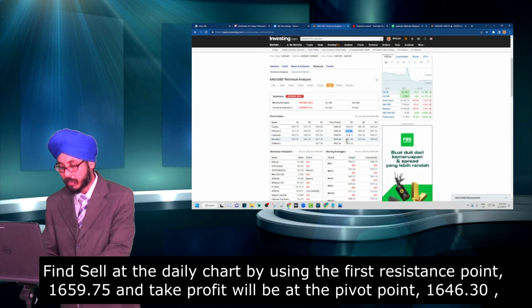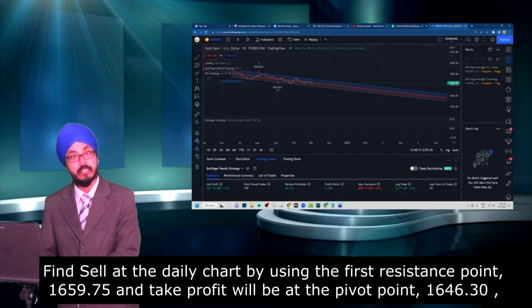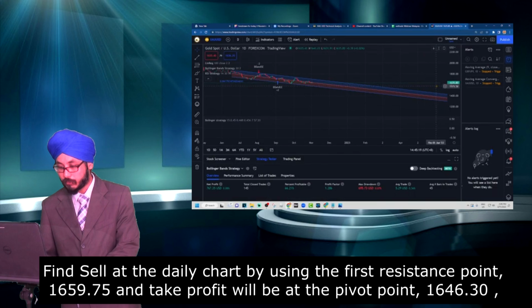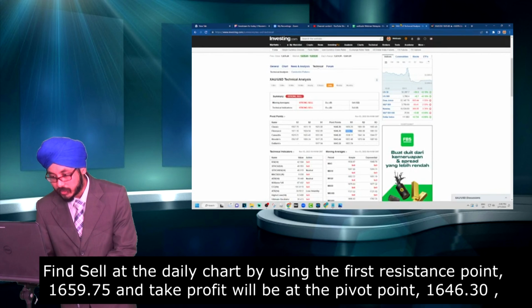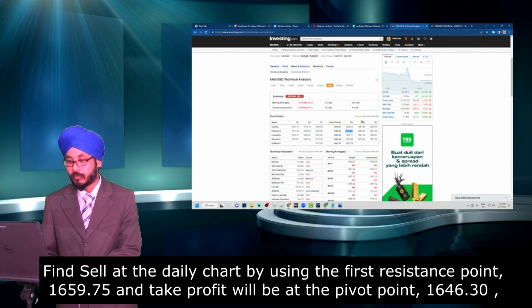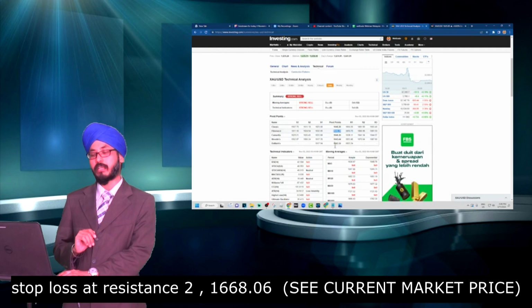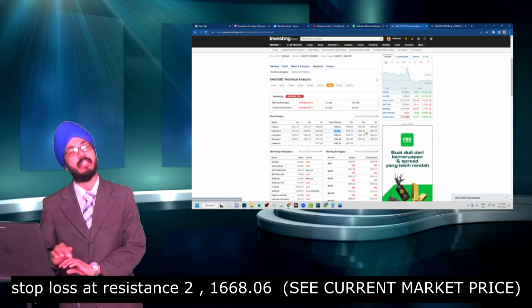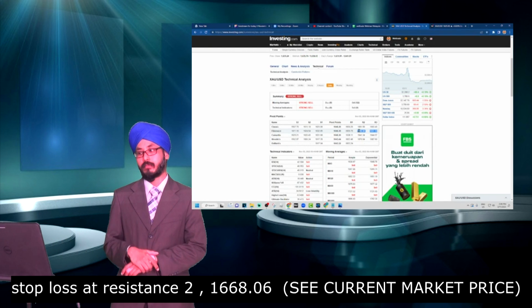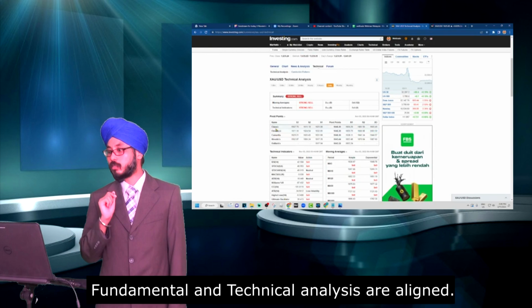Looking at our current market, it is currently at 1637.52, which means that you can place a pending order at 1659.75, and then take profit at 1646.30 at the pivot point, and your stop loss can be at 1668.06. This method is one of the simplest methods to trade.